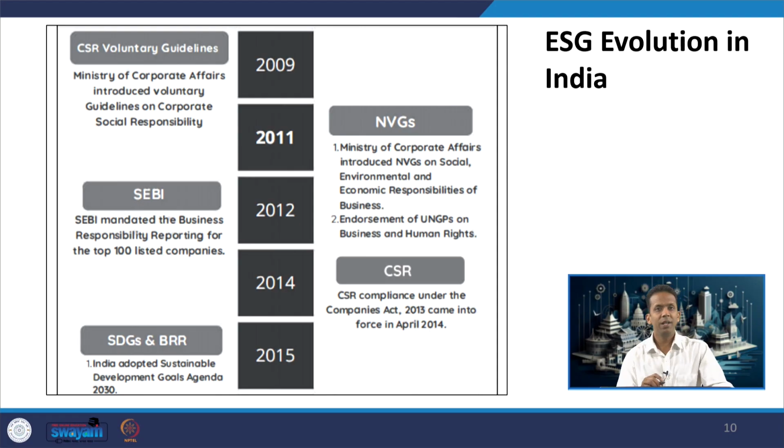Even before 2009 there were some initiatives which may contribute towards one or more aspects of ESG. Let us start from 2009, where CSR voluntary guidelines were given by the Ministry of Corporate Affairs. They introduced voluntary guidelines on CSR, that all companies must spend a minimum of 2% of their profits on corporate social responsibility activities.